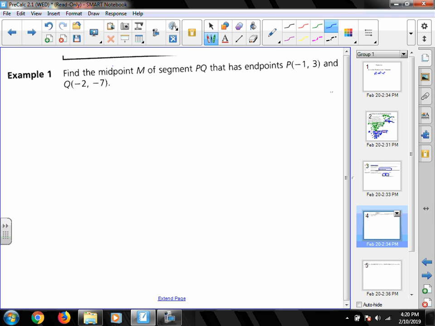So if we're going to find the midpoint M of segment PQ that has endpoints of -1, 3 and 2, -7, all we need to do is plug into our midpoint formula. Remember, x sub 1 plus x sub 2 divided by 2, and this is an ordered pair, so this is a comma, and then y sub 1 plus y sub 2 divided by 2.